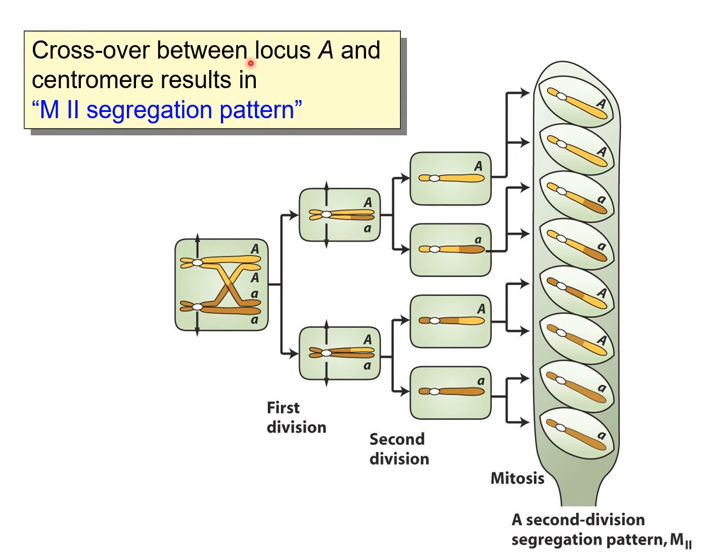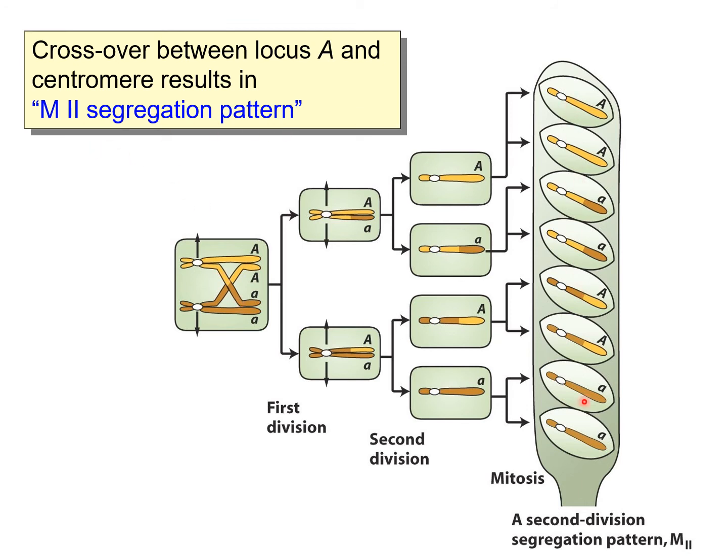So the crossover is between the locus A and the centromere. See, what is the position of crossover? Crossover has taken place between the centromere and the A gene, isn't it? And this crossover results in the M2 segregation pattern.